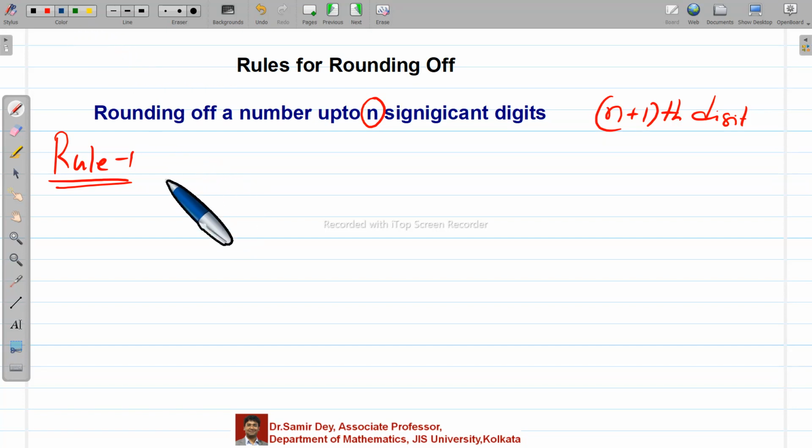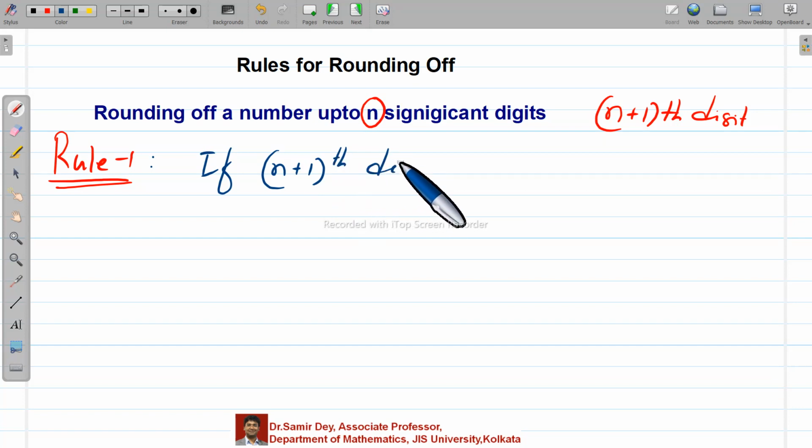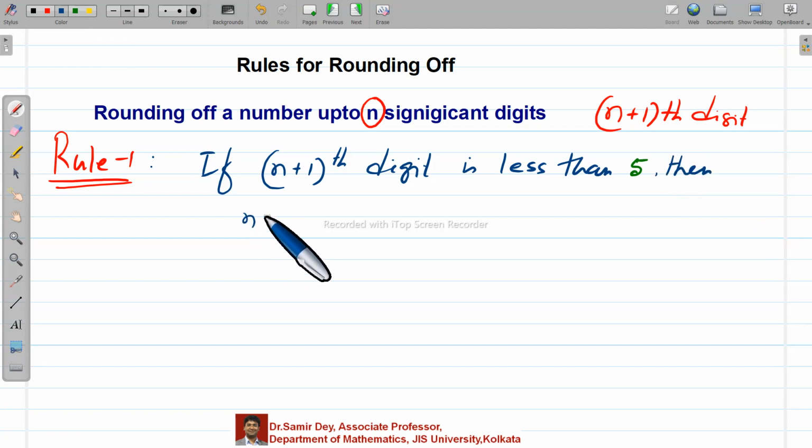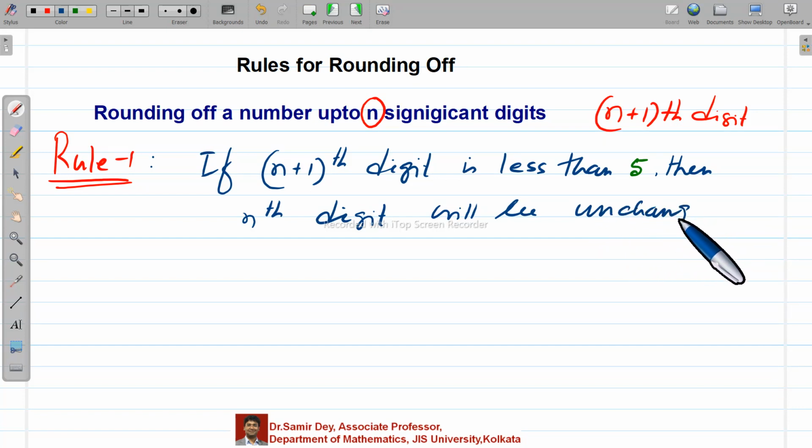So the rule is: if the n plus 1th digit is less than 5, I am writing in a different color, less than 5, then the nth digit will be unchanged. Clear? The first rule is clear.